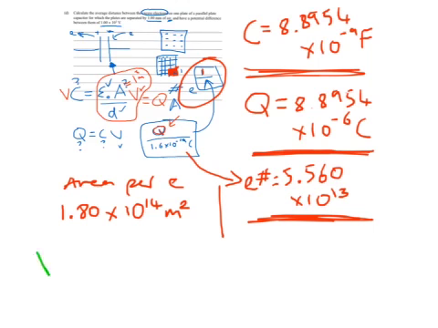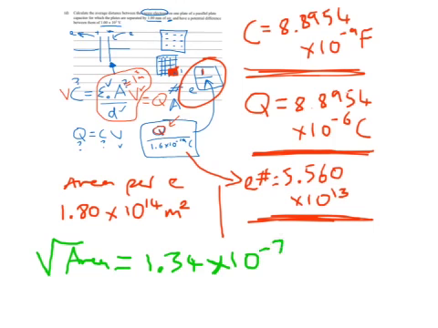So the square root of the area gives us 1.34 times 10 to the negative 7, sorry, that 7 would be rather large, 1 electron per kilometre. No, anyway, and that is in metres. So that is the spacing between subsequent electrons on this sheet.